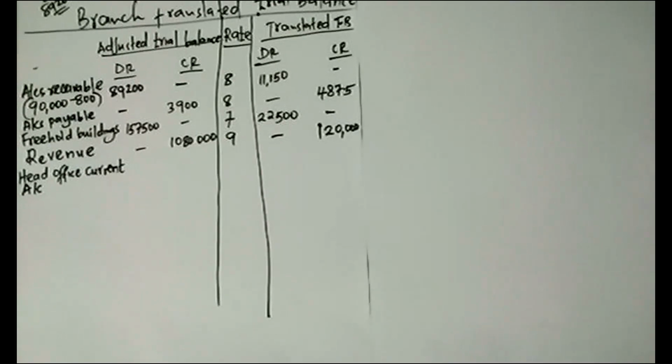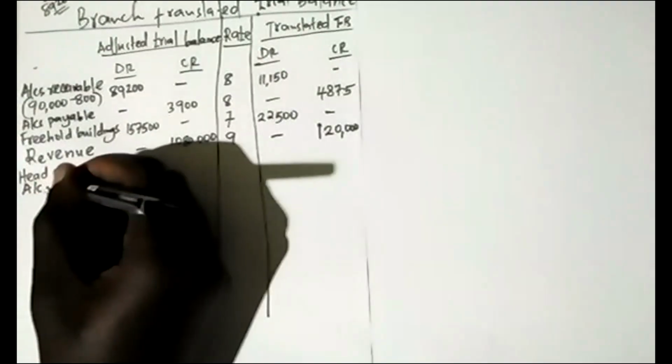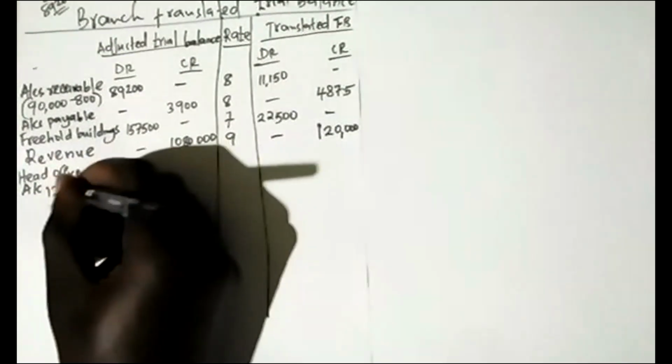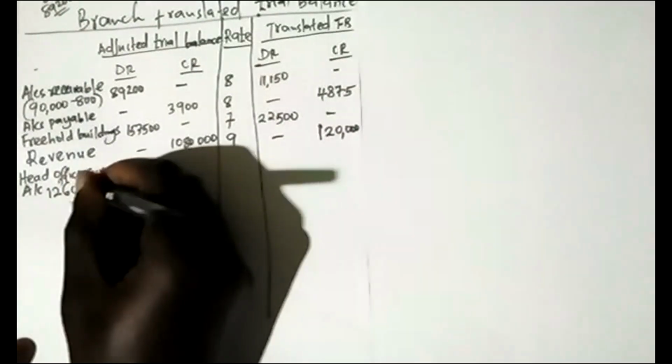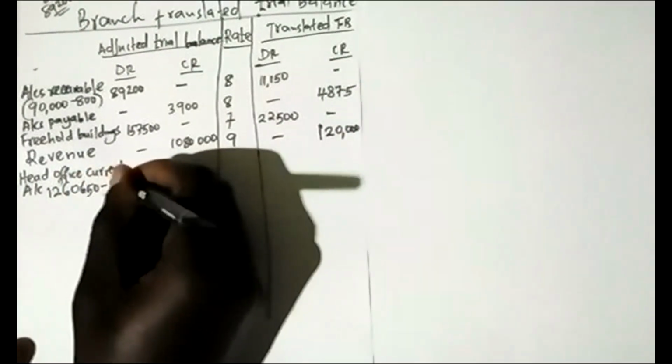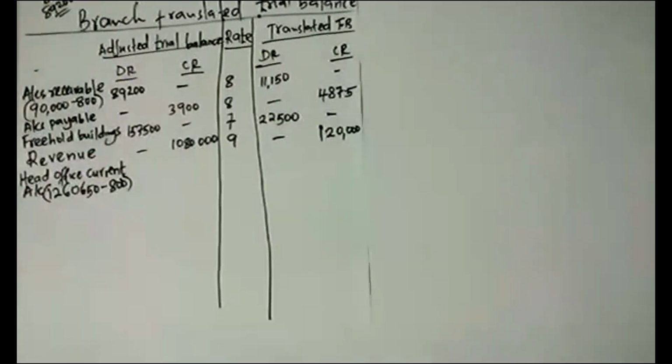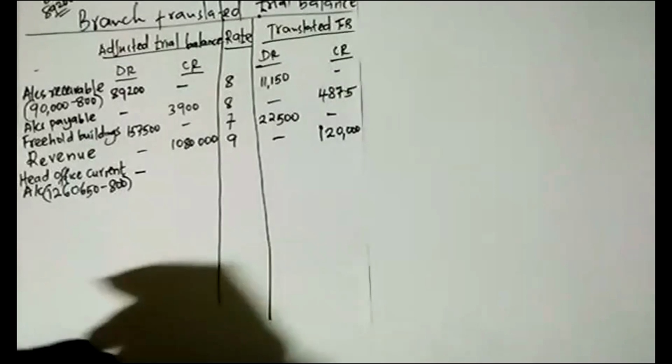So I have to take 1,260,650, according to my original past paper. Then I have to subtract the 800, which was in error and had not been adjusted. That one is on the credit side, so I put it under the credit side after subtracting.